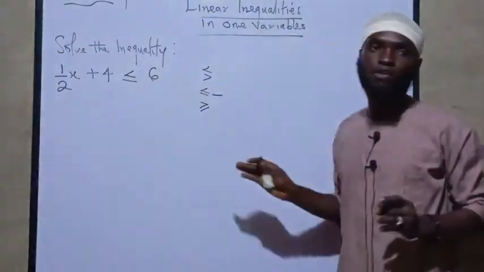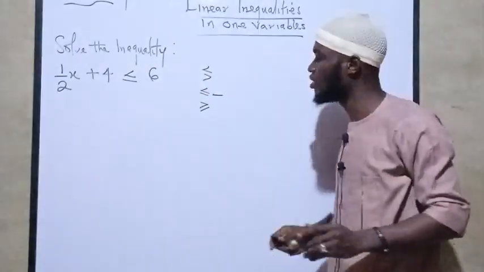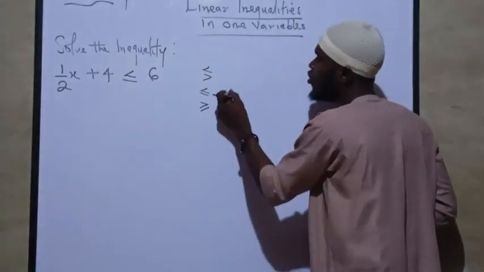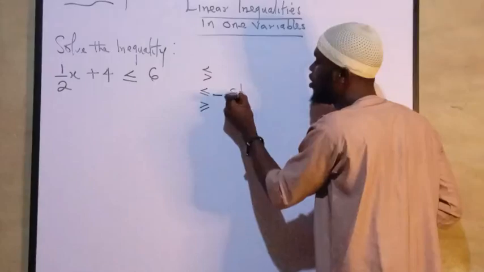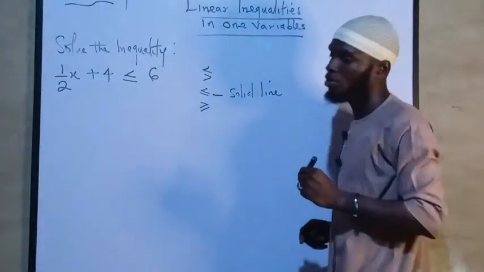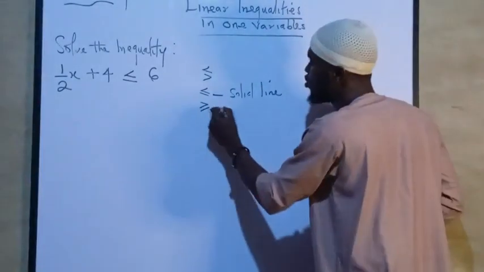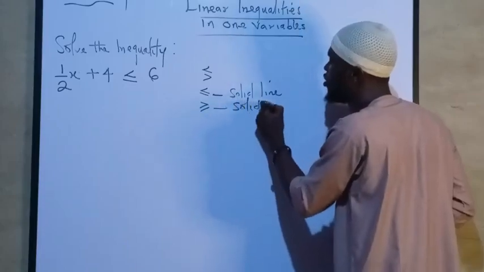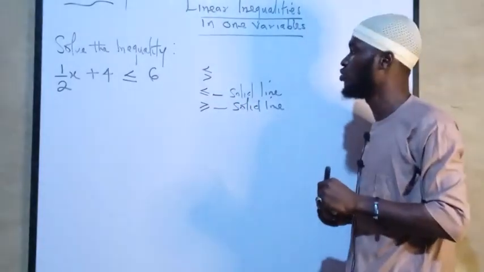This signifies that when we are graphing it, we must be using a solid line. We are still coming to that, but take note of that.